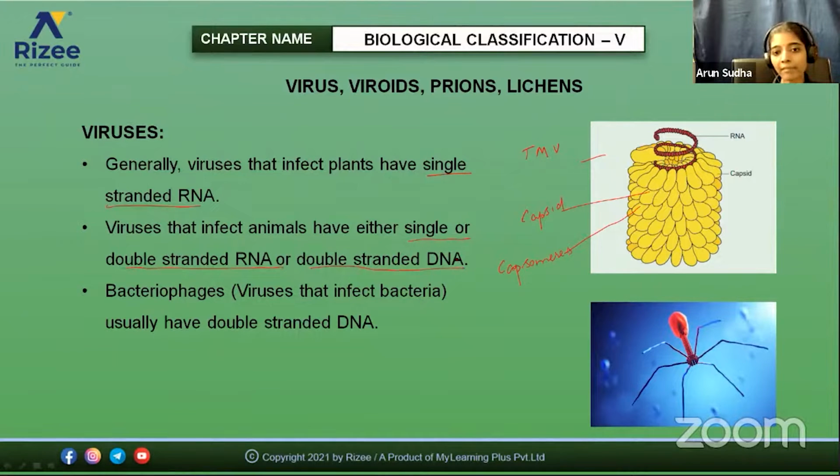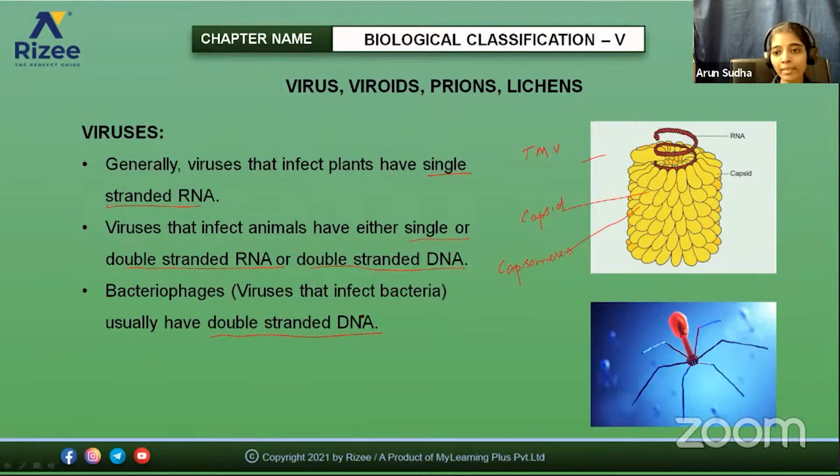So it may be a DNA virus, a single-stranded RNA virus or a double-stranded RNA virus. An example of a double-stranded DNA virus is the pox virus, and single-stranded RNA viruses that cause disease include coronavirus and polio virus. Bacteriophages, the viruses that infect bacteria, usually have double-stranded DNA.